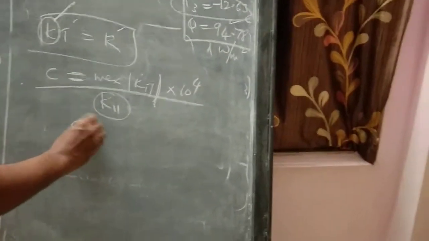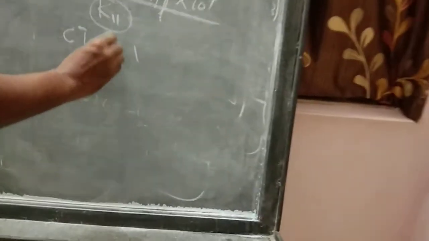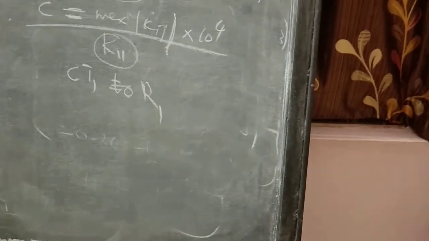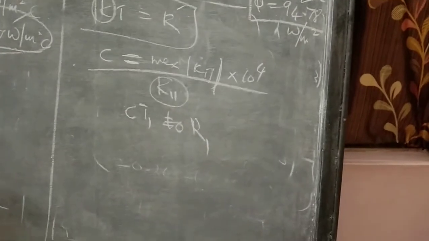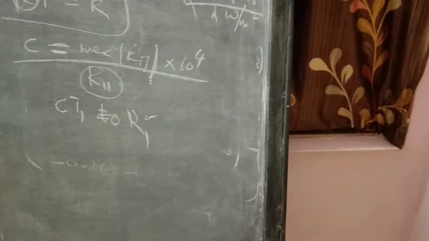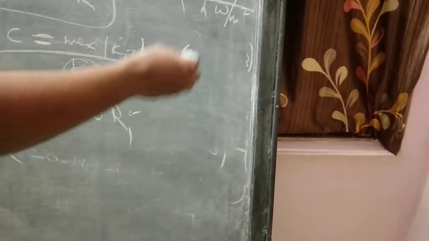And after that add C T1 to the R1 term. R3 we already have, that is minus 600, and to the R1 term you just add the C T1 value. R1 is modified, R2 is 0 and R3 is minus 600.